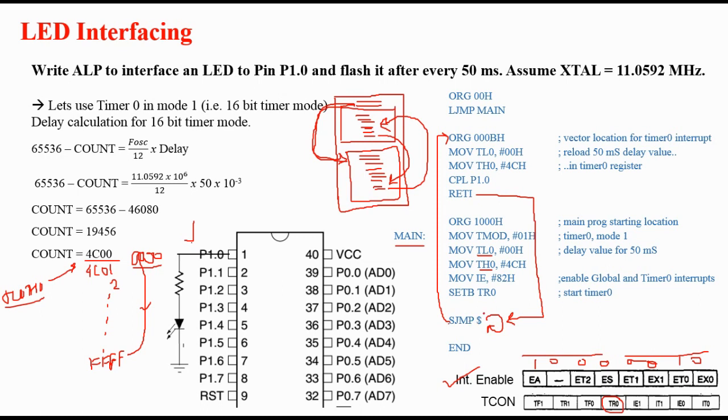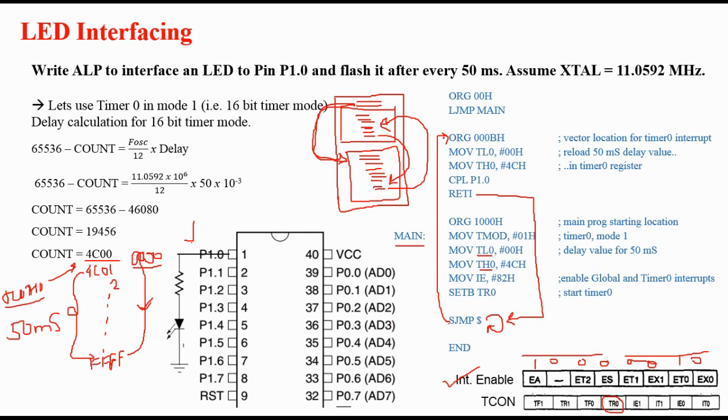Again the pointer will keep on jumping on the same instruction again and again, and the value inside the timer register will start incrementing. Again it will go up to FFFF. Let's say after 50 milliseconds it reaches FFFF, and then it will overflow. When it overflows, again the timer related interrupt will get generated.